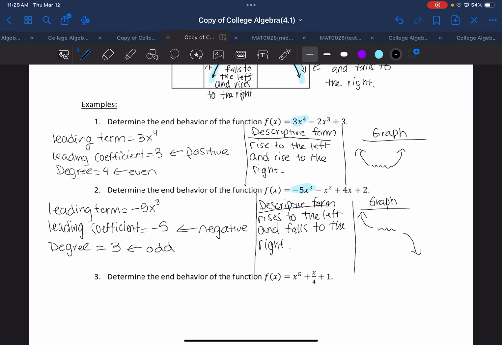Okay, number 3. Determine the end behavior of the function x to the 5th power plus x to the 4th plus 1. So the largest exponent I see here is 5, so x to the 5th is my leading term.